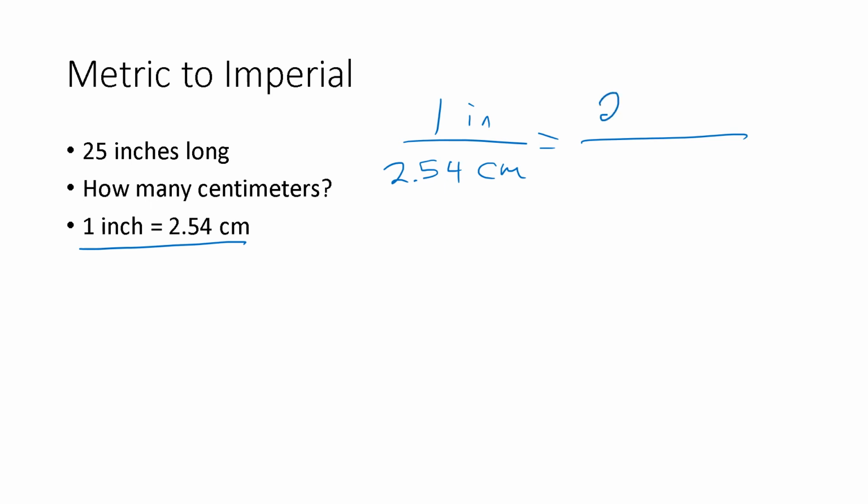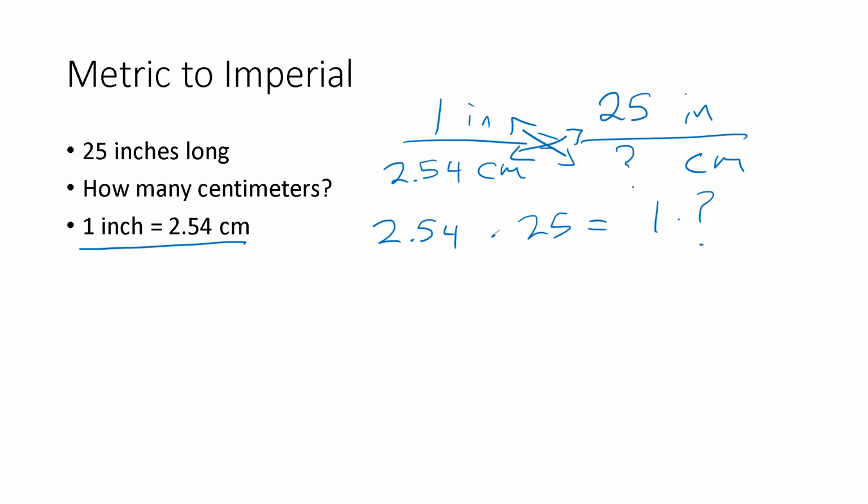Our baby's 25 inches long. Inches will stay with inches up on the top here. Centimeters with centimeters. We don't know how many centimeters long our baby is. That's what we're going to find out. And again, we will cross multiply to find out. So 2.54 times 25 equals 1 times our mystery variable.